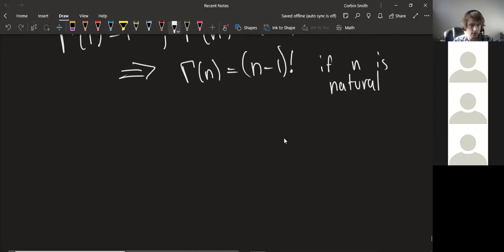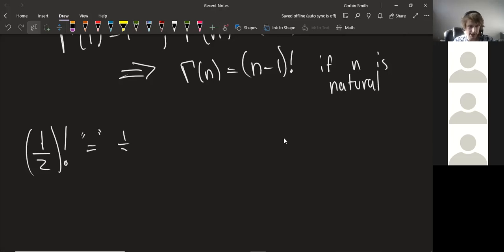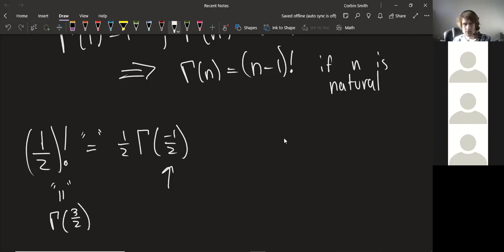If we are interested in what 1/2 factorial is, then we can say I'm going to define it to be 1/2 times gamma of minus 1/2, because this integral is actually way easier than this one.